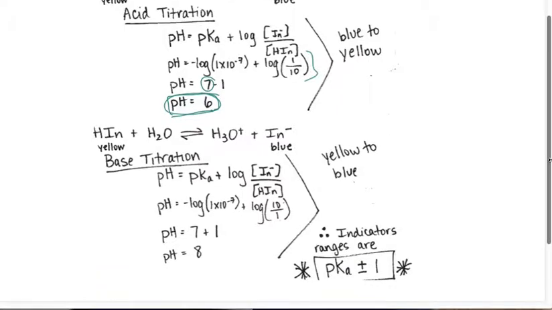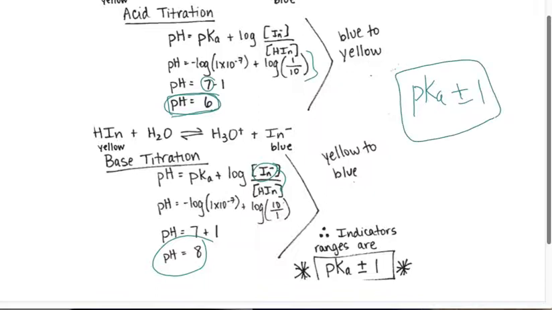Now, if we were to look the other way, where 1/10 of the conjugate base turned back into the acid, we'd end up calculating with Henderson-Hasselbalch and we get a pH of 8. My point of all this is that what we see with the indicator is not only the pKa of 7, we have a range for our eyeball of plus or minus 1 pH unit.